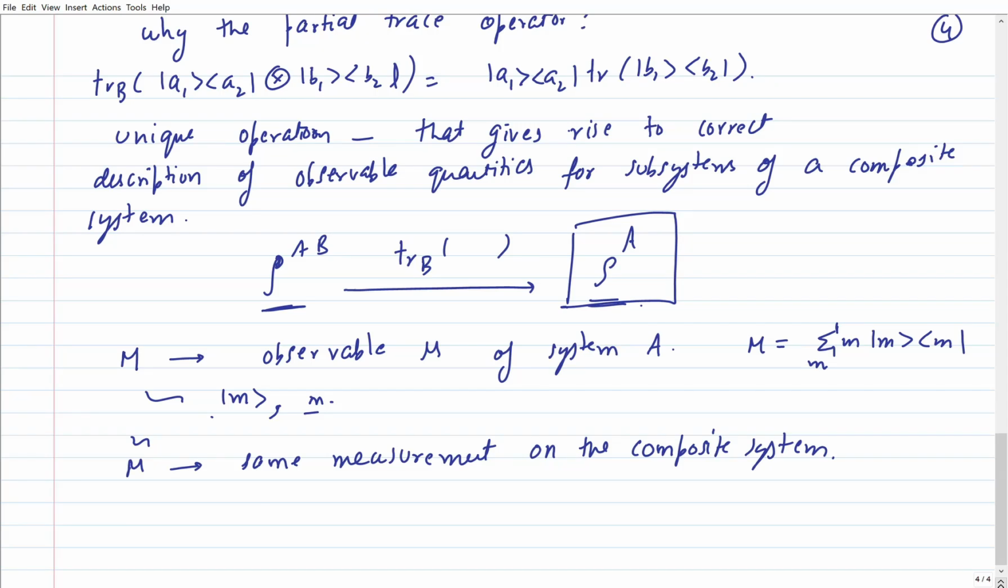What does it mean? It means if the system is prepared in, let's say, this state, and I perform M tilde, upon performing M tilde I should get the result m as the eigenvalue corresponding to the projector of M tilde.